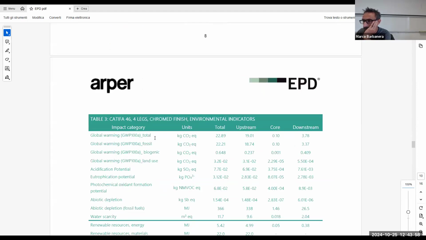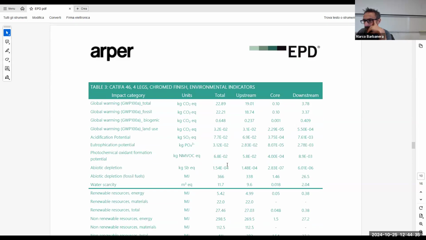In particular, in this table, you can find the environmental results for the different impact categories reported in the product category rules, and the results are reported for the upstream, core, and downstream processes. Each impact category is expressed with a specific unit. So here you can see the environmental indicators.